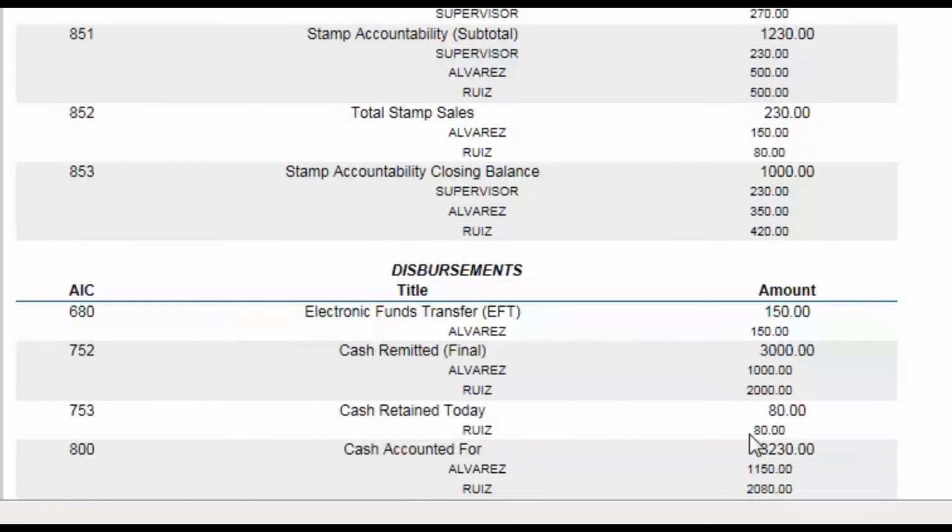Then there's the matter of the funds that were retained from the previous day that are still residing under AIC 752. As previously stated, any funds left in AIC 752 identifies a deposit made at the end of the day. So the funds left in 752 will not be available tomorrow when you open your day.